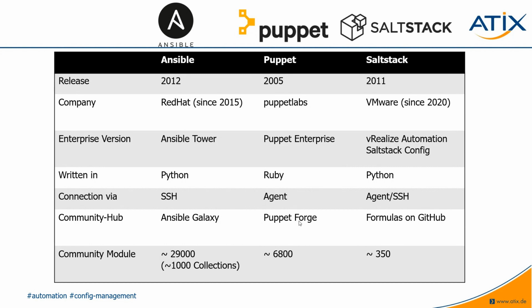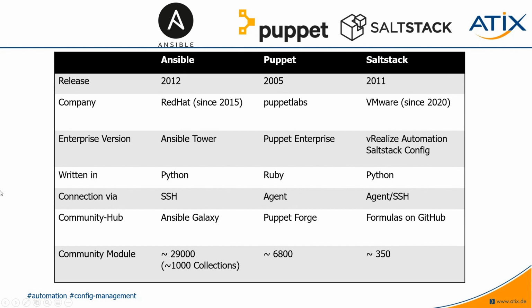Puppet, on the other side, has only around 6,800 modules, which sounds much less than Ansible. But we will later have a look at this and maybe explain where those differences come from. And SaltStack in the end is again much lower, with only 350 community modules in a formulas repository on GitHub. And so we already see that there are some differences.